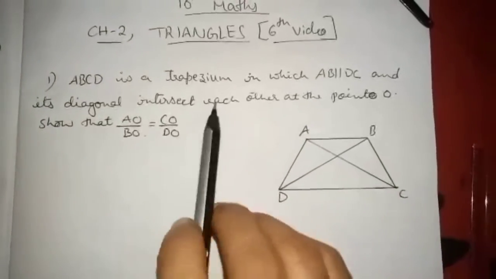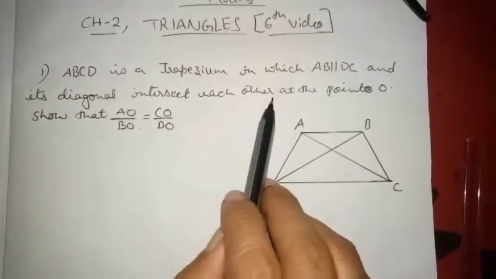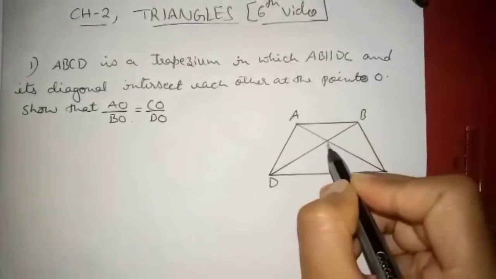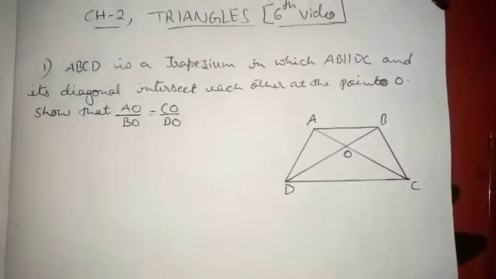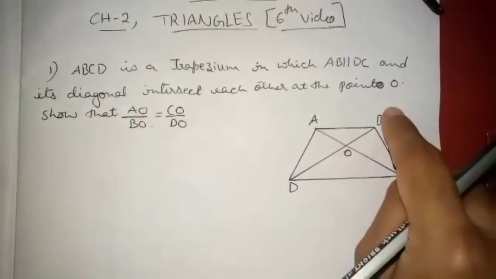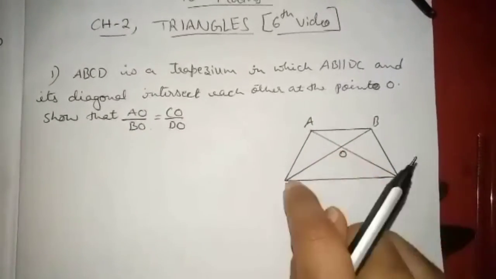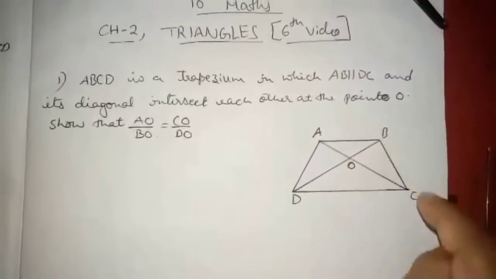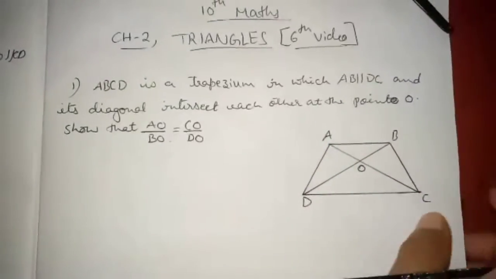Diagonals finished. The intersecting point we take as O. Then we have to show AO by BO is equal to CO by DO.